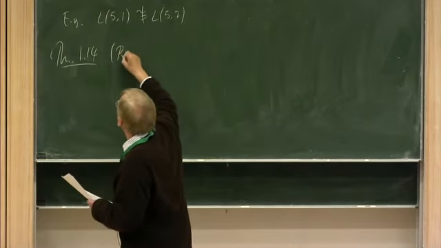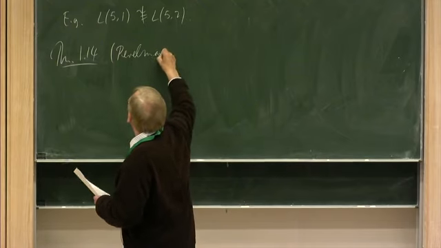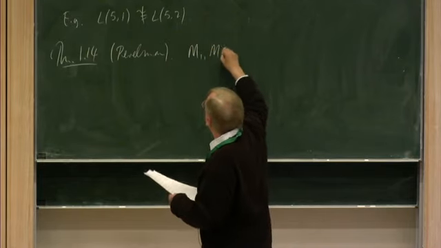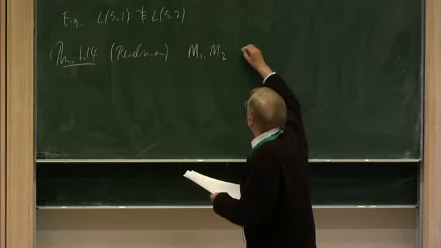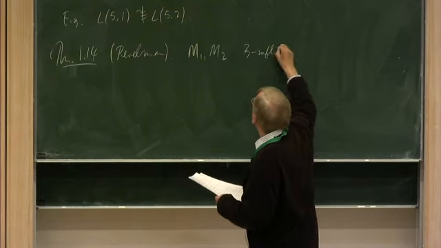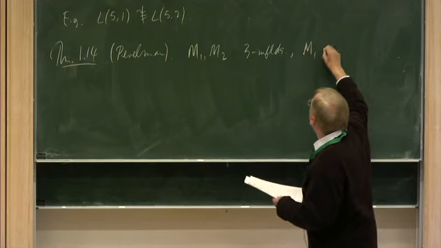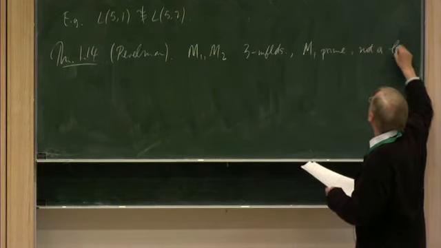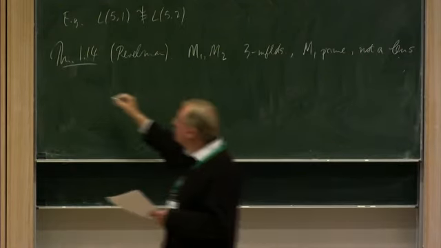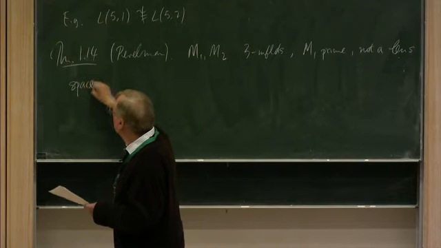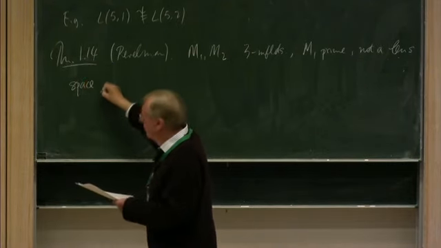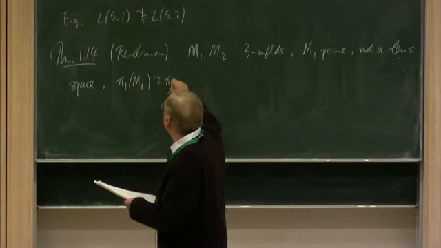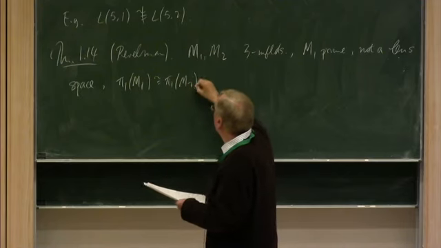And so this, again, follows from Perelman, that if M1 and M2 are three-manifolds, and M1 is prime and not a lens space, and suppose that these guys have isomorphic fundamental groups, then in fact they're homeomorphic.